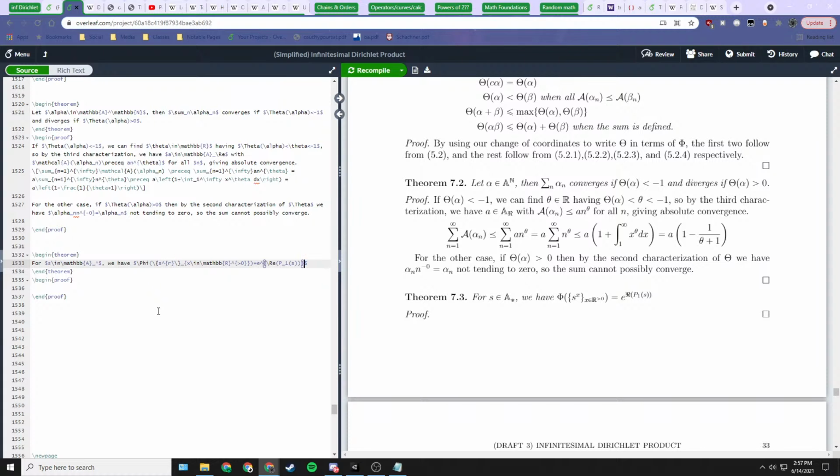Instead of doing e to the real power of p1 of s, we're replacing s with, let's say, log of s. Real p1, which is unambiguous.